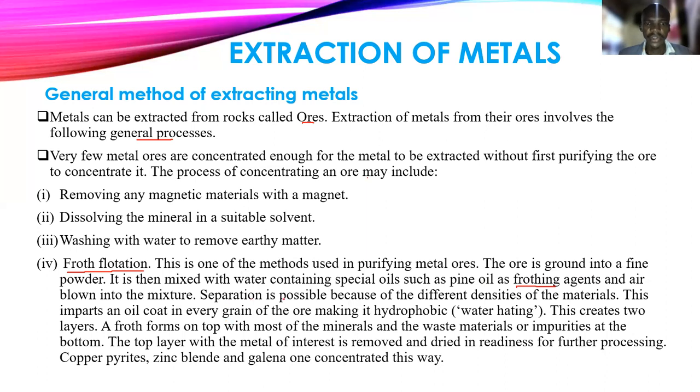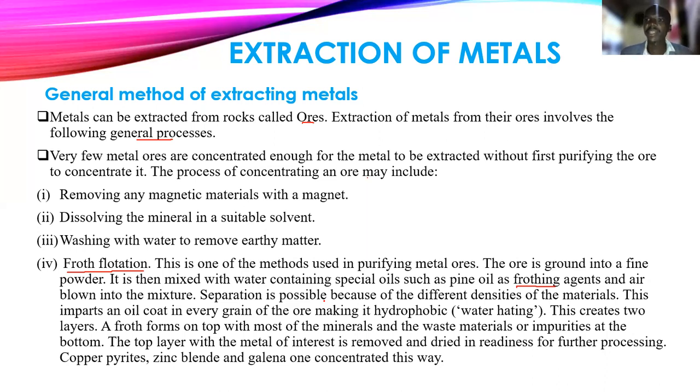Then the separation is possible because they will have different densities. You will realize maybe the ore is denser than water, and also we know that oil is immiscible in water. So they will form some layers. So due to their immiscibility, they have different densities.